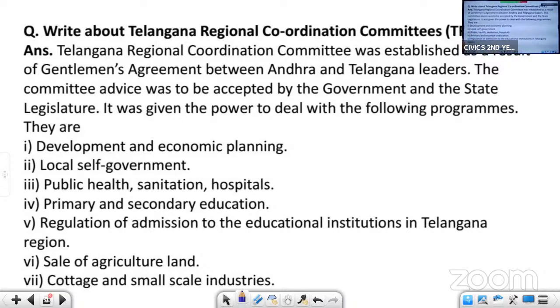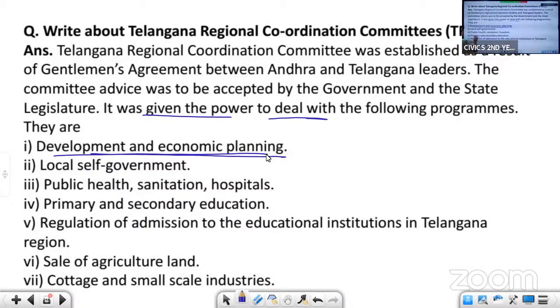It was given the power to deal with development and economic planning of the Telangana region.